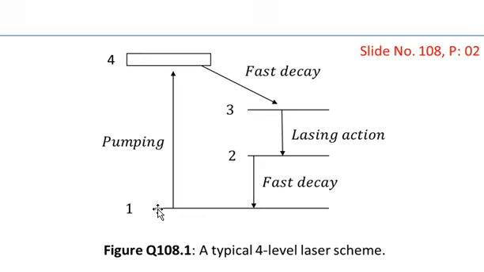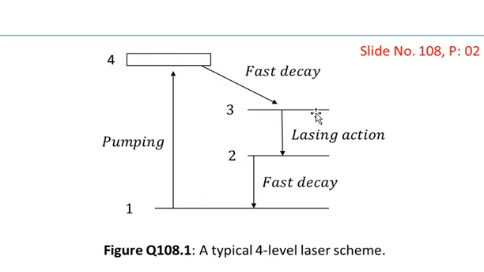That decay is prohibited. So the only decay of level number 4 is through the fast decay to level number 3. Then from level number 3 to level number 2, we have the lasing action. And then level number 2 is a fast decaying level and the population comes to the ground state.